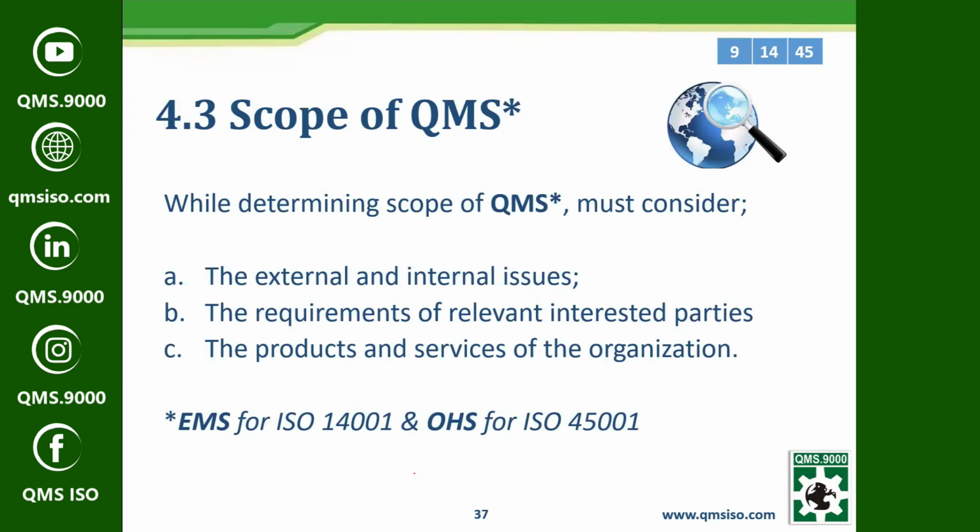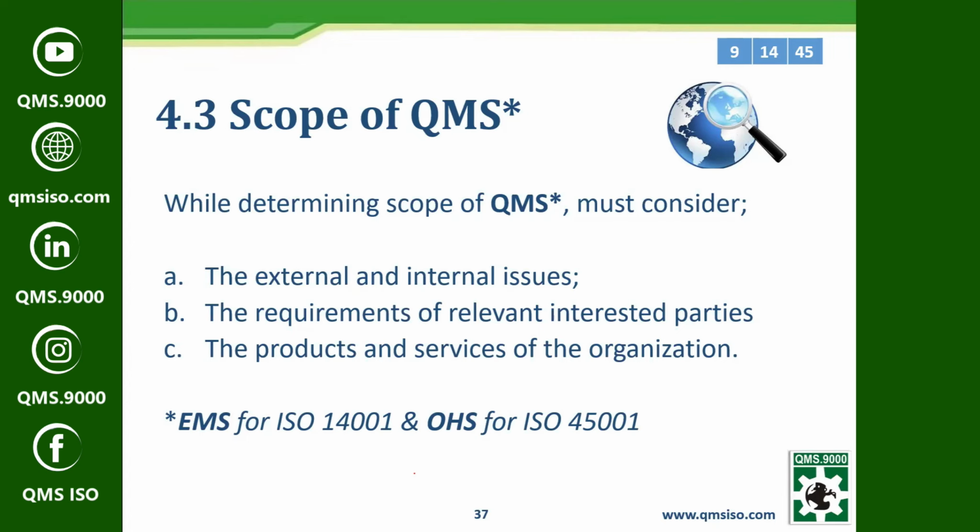Scope of quality management: you see a star on this QMS. If it is QMS, quality management system, the scope is about QMS. If it is EMS, it is environment, OHS. If it is combined, the scope is IMS. Scope means that you need to determine where you are going to use it.